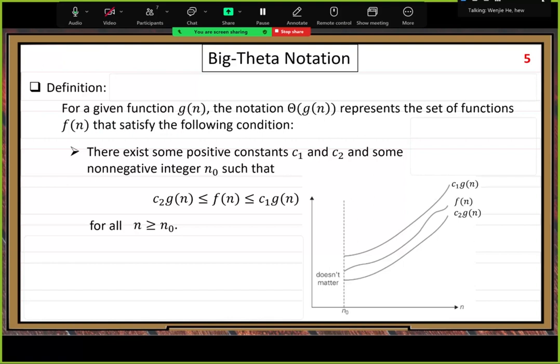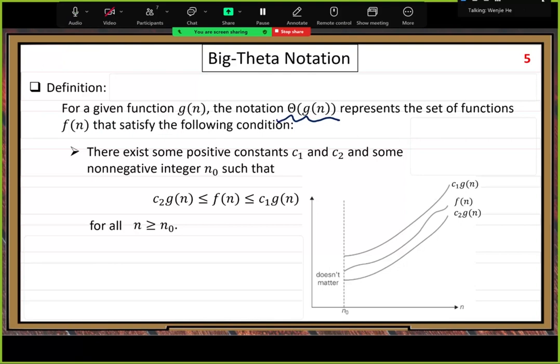Then our conclusion is that these two functions have the same order of growth, and we use this big theta notation to represent it. So that's the rigorous definition of these three asymptotic notations. Pretty abstract. I hope you can understand. So next.